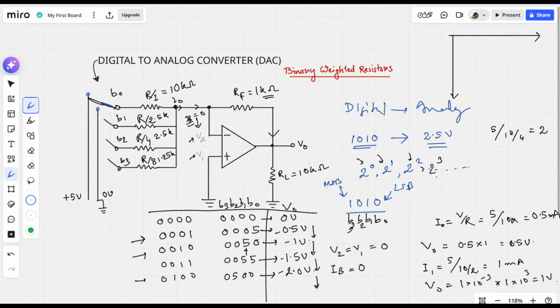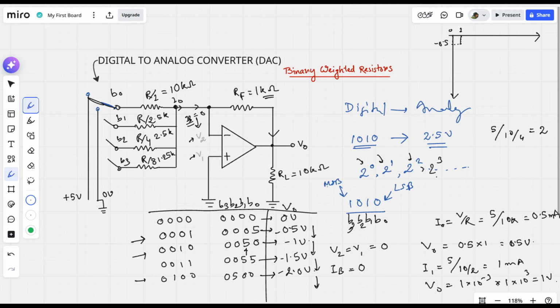Okay. So now for the 0th instance, we are getting 0. Then for the first, we are getting the value as minus 0.5.